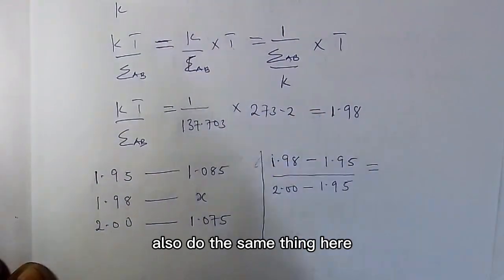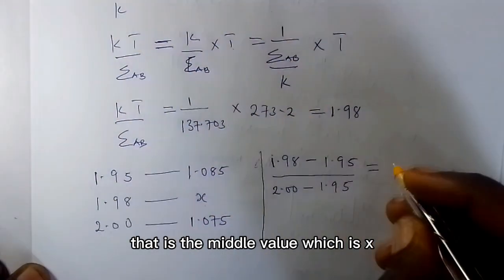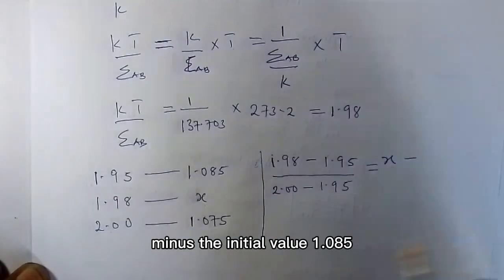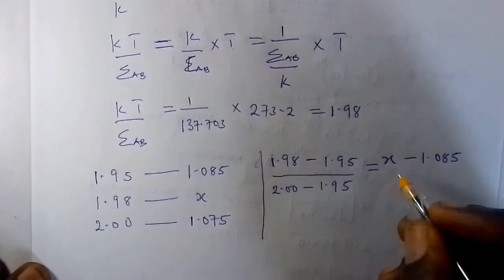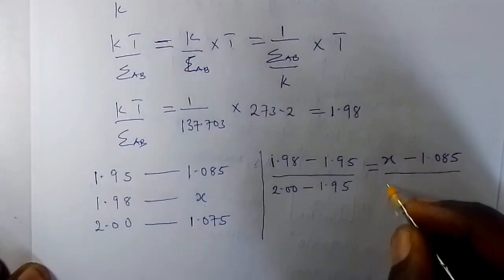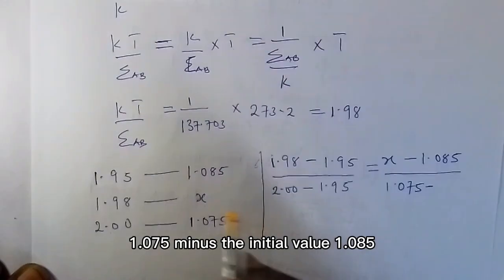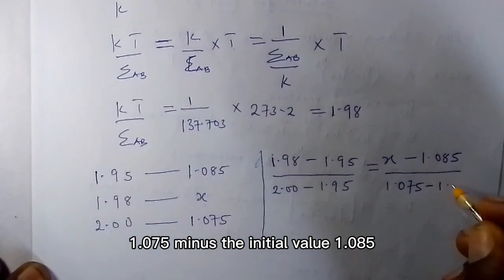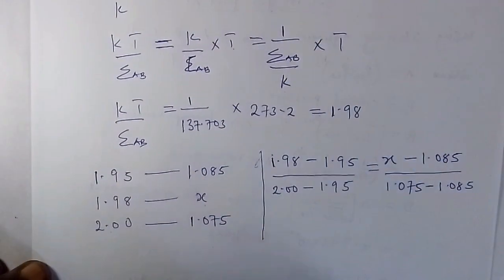Also do the same thing here, the same format here, that is the middle value, which is x, the one we are looking for, minus the initial value 1.085, divided by the final value 1.075 minus the initial value 1.085.